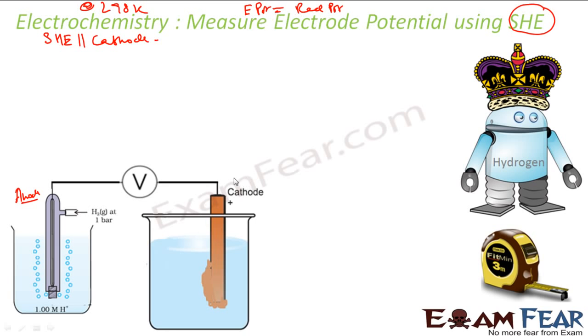Now if I keep this as my cathode, the cathode is where reduction happens. So E cell will be E reduction, that is this value, minus E oxidation, that is the anode, and that is nothing but 0.